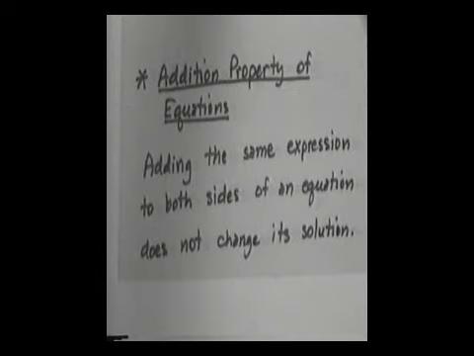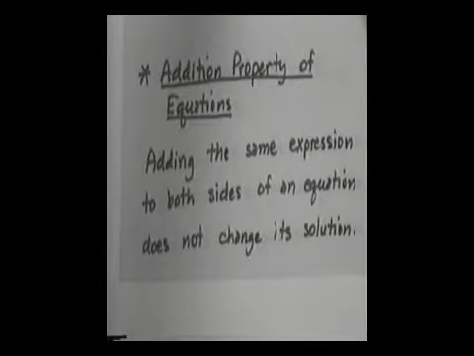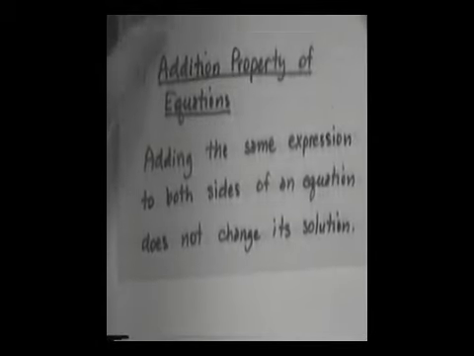We will look at examples of the addition property of equations in just a moment. But first I'm going to give you the use for the addition property of equations. When do we use it and how does it work?